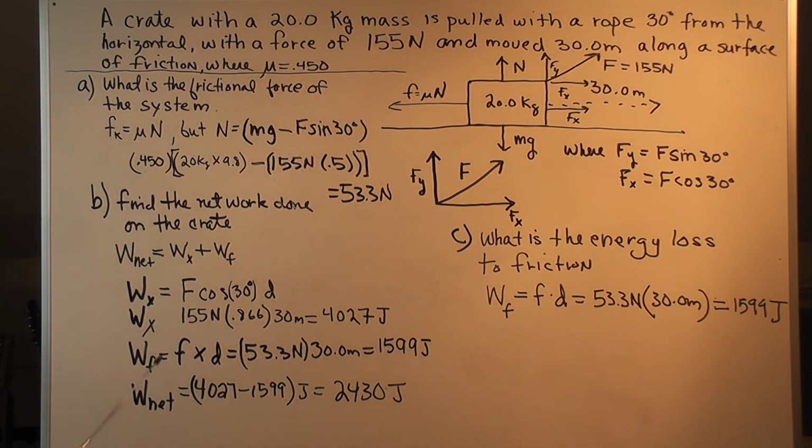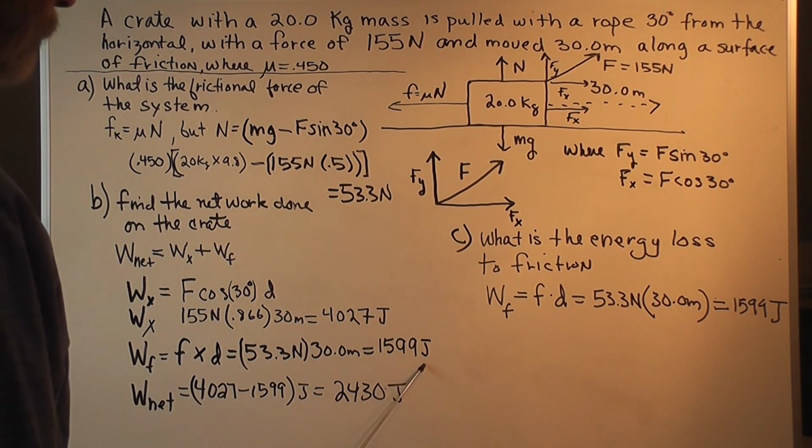It's going to be times the distance moved. So we've already calculated the frictional force, 53.3 newtons, times 30 meters, and we get a frictional energy of 1,599 joules.